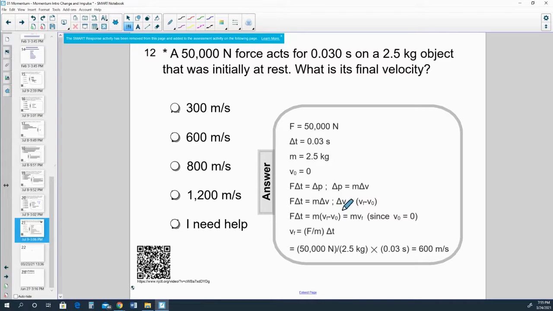The next step, it equals mass times final velocity, since the initial velocity equals 0, so that just cancels out. That gives us an equation in which final velocity is equal to the force divided by the mass times the change in time. When you enter that information into the equation, that gives you an answer of 600 meters per second, for letter B.